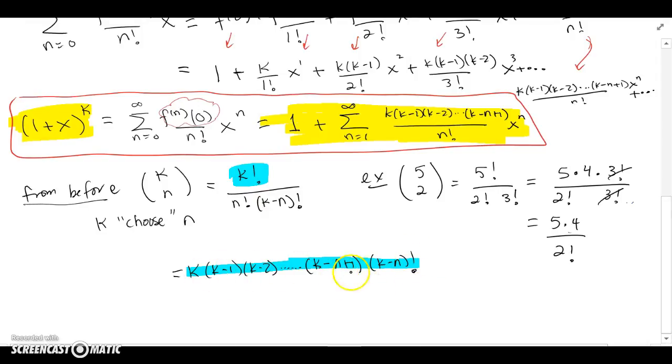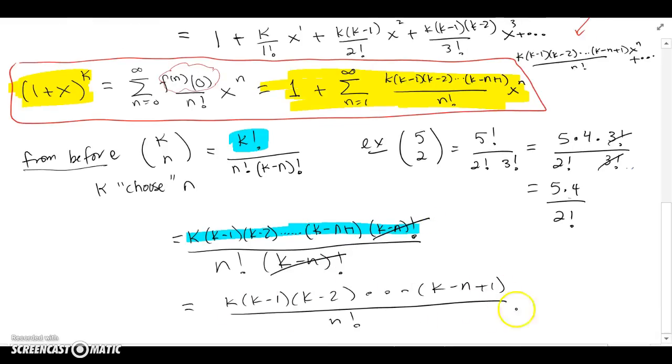I stopped 1 before k minus n, like k minus n being like my 3 here. So the guy right before it was 1 more than it, k minus n plus 1. It was like this 4 guy. All over this other business that's in the denominator. And notice what happens. This goes away with that. So I really have all of this picking up all of these guys as I need it.